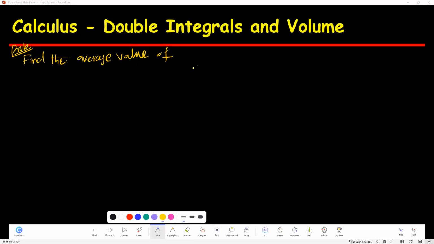Find the average value of f(x, y). This my function is given, half xy.